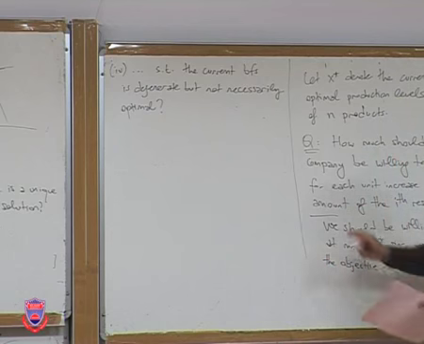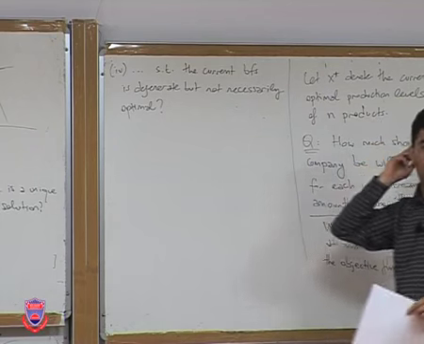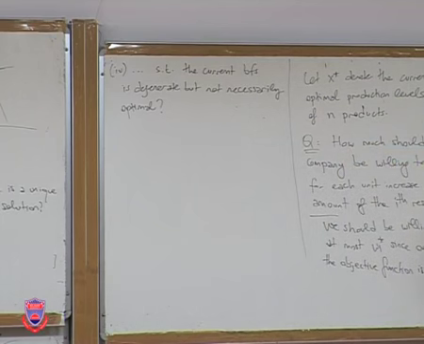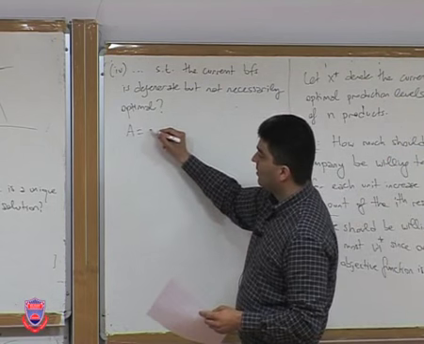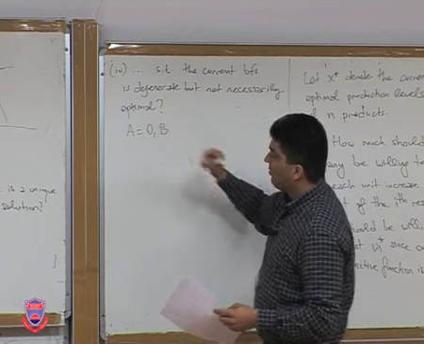So let's just quickly do this again. Now I want to make sure that the current solution is degenerate. It may or may not be optimal, I don't care. Let me start with A. So what's the condition on A? 0. Now what about B?